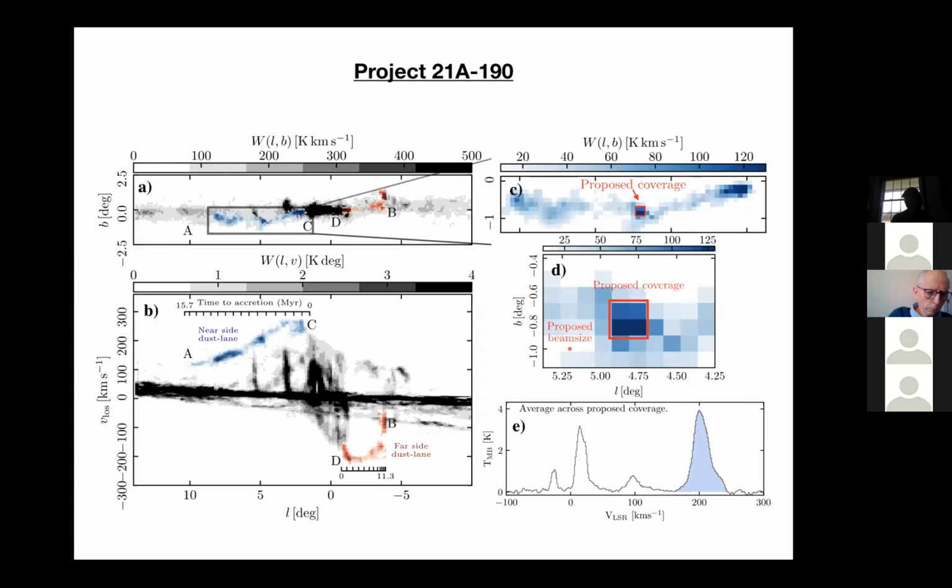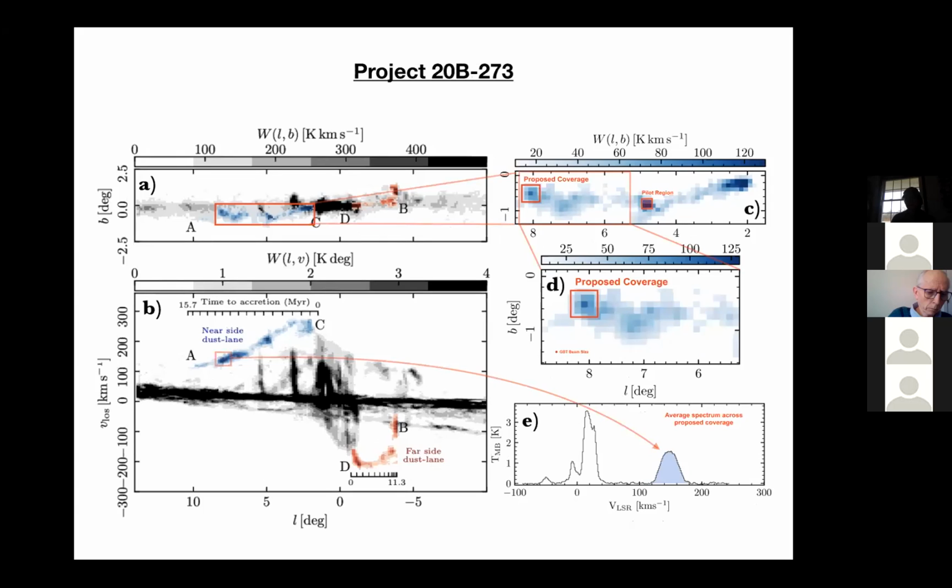You can see the proposed beam size of the angular resolution of our observations, along with the proposed coverage of this pilot study. So we targeted the brightest region towards the midpoint, and at this location, the expected velocities are around 200 or so kilometers per second.